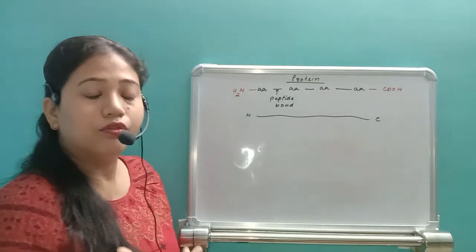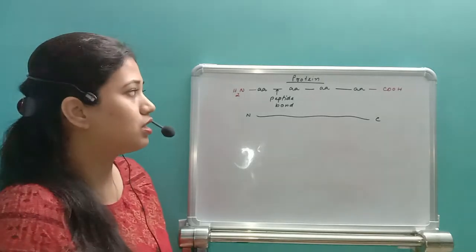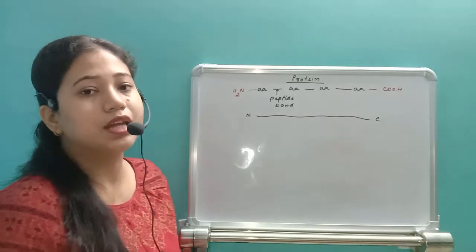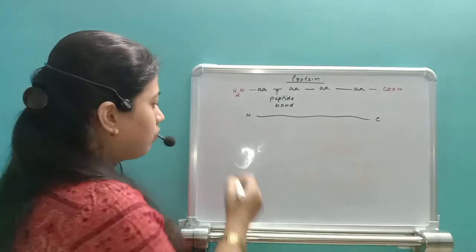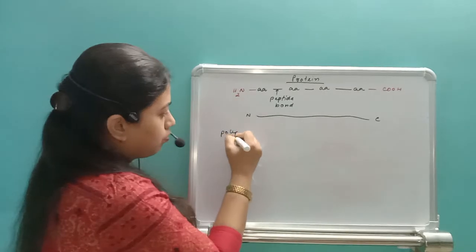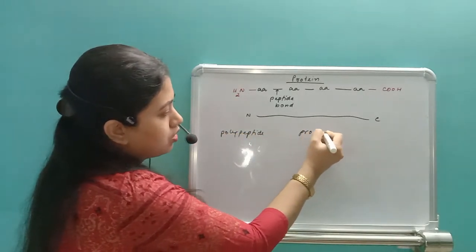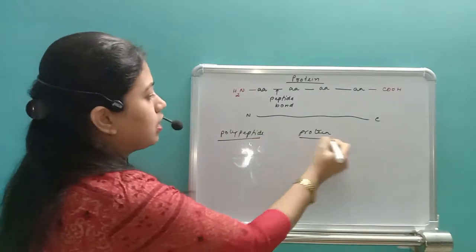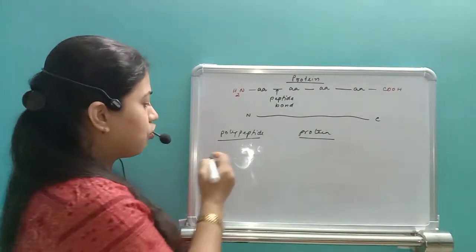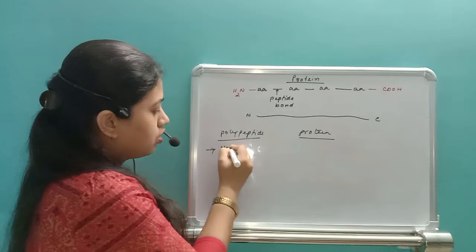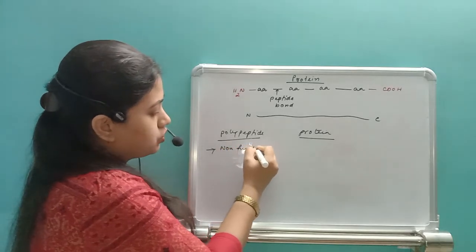Now we have to understand what is actually a peptide, a polypeptide and a protein. What is the difference between a polypeptide and a protein? If it comes to the polypeptide, it is not functional. It is a non-functional chain.